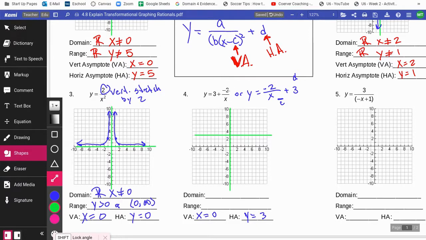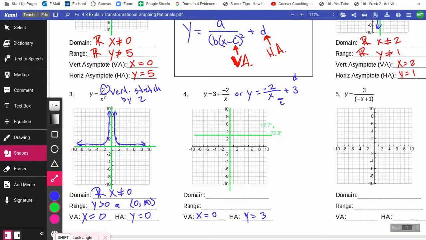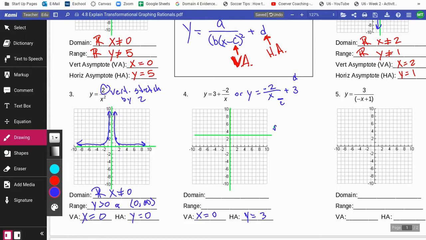So again, this is the parent function 1 over x because it's just x down here. So I'm going to plug this in. Before I do, I want to talk about the transformations. The top number, which is a, is negative, so a is negative: reflection over the x-axis. Then we look at the absolute value of that value.